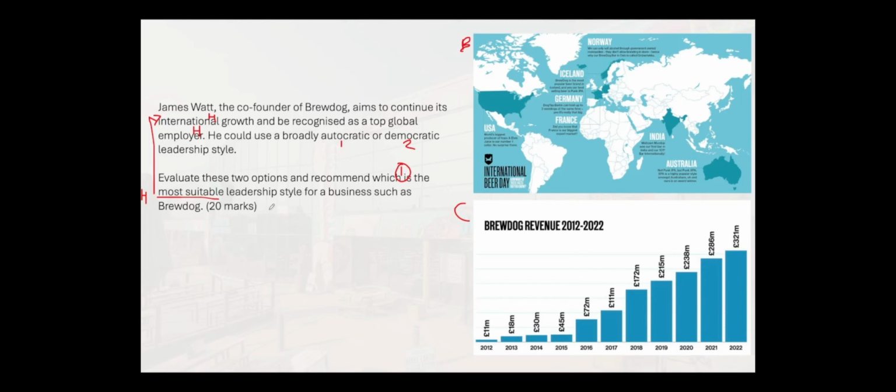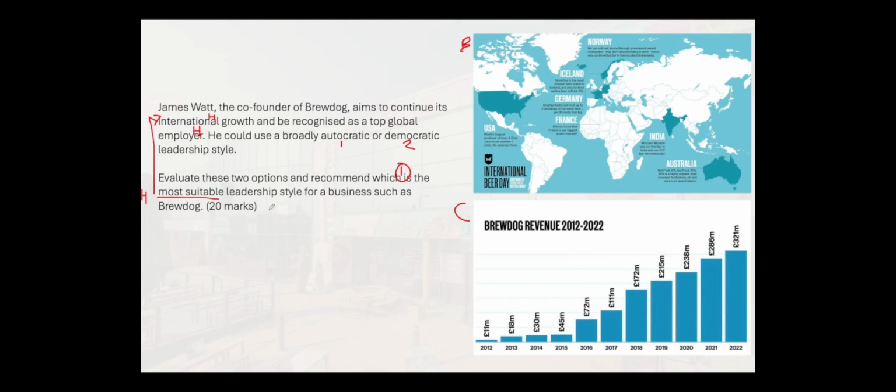So we've got our structure. First thing we would do is we'd go to our answer book and we would define autocratic. We then stop writing. We go to the case study and we identify two pieces of evidence for autocratic, hopefully in favour and against, because that's how we're going to write it. If you see more than two, then great.